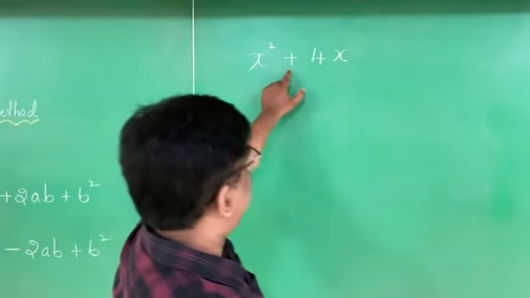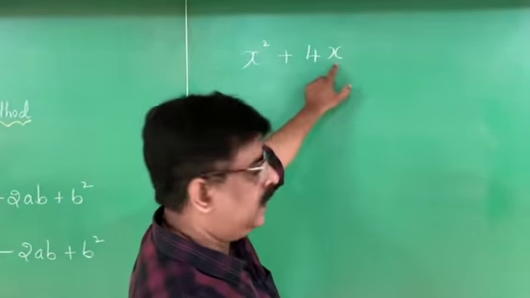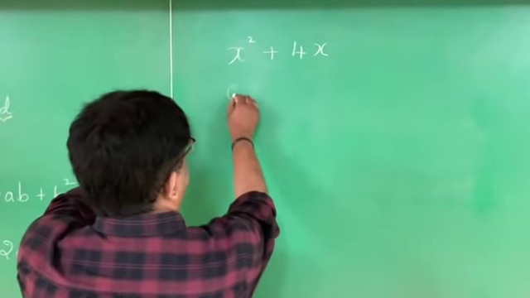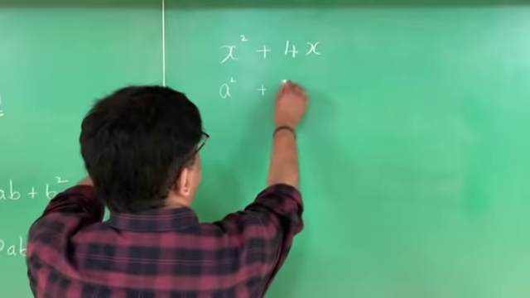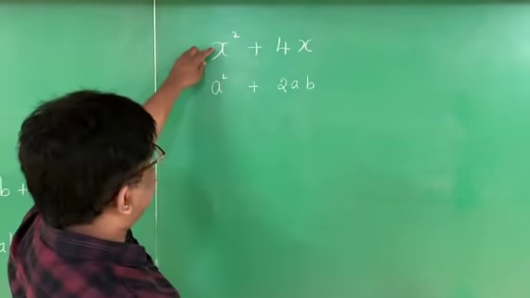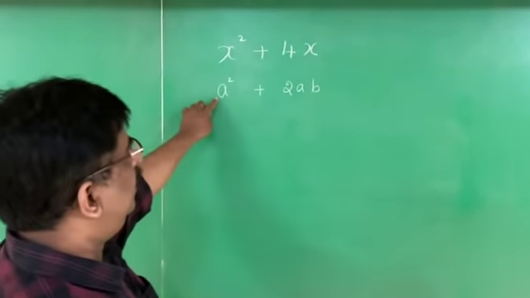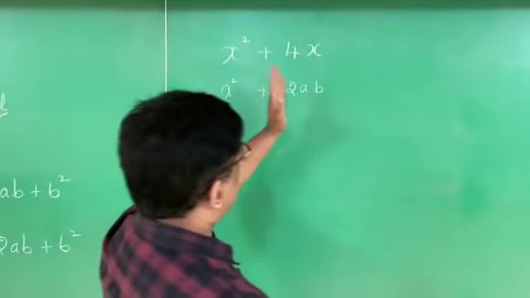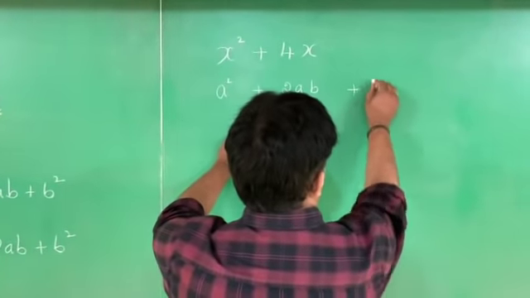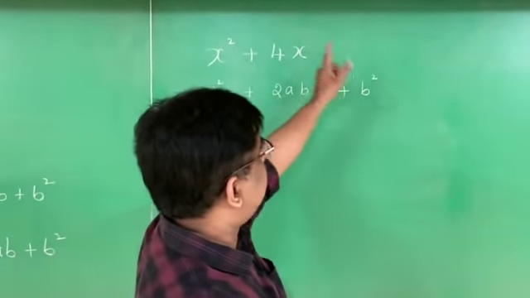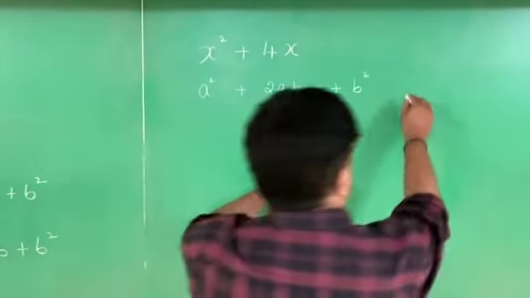The second term is 4x. Therefore, I can think that this is a square and this is 2ab. You consider x square as a square, 4x as 2ab. Then what you have to add? You have to add b square to convert this in the form of a plus b whole square.